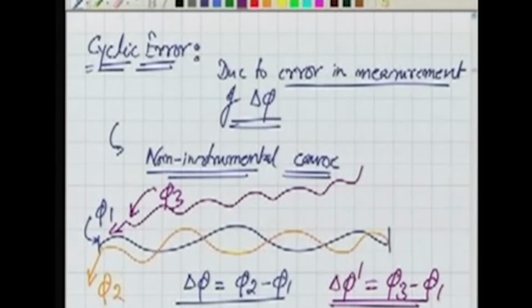So we are not computing our actual phase difference as we should have, rather we are computing a different value because of some other signal which is reaching the instrument, and the instrument is recording the phase of that one, phi 3. Now it will lead to the error.